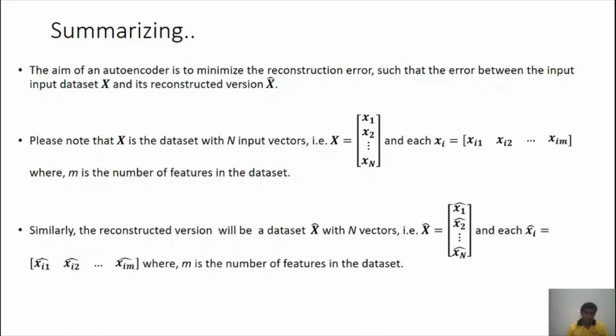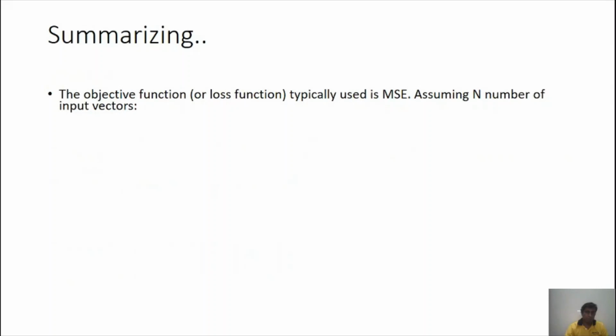But the major objective function that you will have to look at is the error, or the difference between the input and the reconstructed output. And typically what you will find is the loss function being used, MSE, or the mean squared error, is the most common function that you will come across.